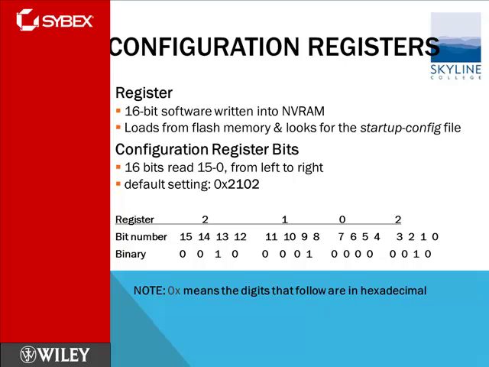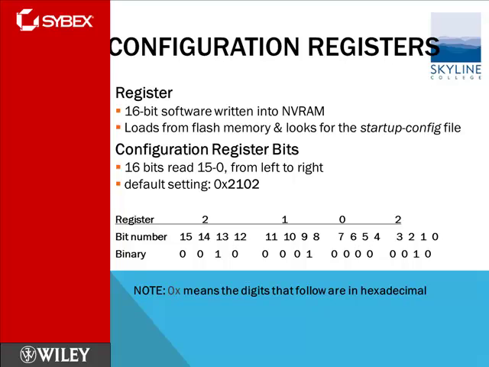To go to the next one, even though it's under the 8-bit, that's the one placeholder value in the hexadecimal system, so it's a 1. And in the last one, even though it's under the 13-bit, that's the 2. So the register is 2102, and this is going to be the default in the 2600s at least.